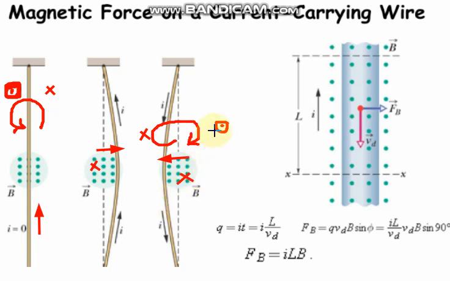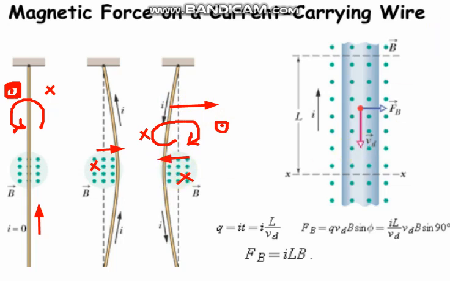On this side the two fields will cancel, and on this side the two fields will strengthen each other. So this region will become stronger and this region will become weaker, and now this wire will be pushed towards the right in this direction. So again the direction of the force will reverse.